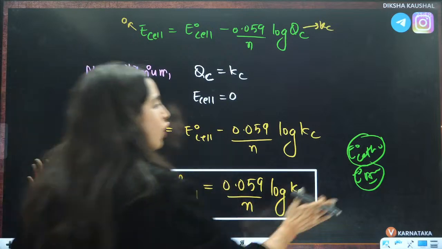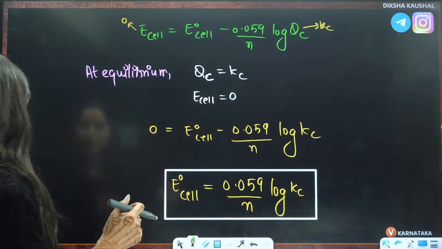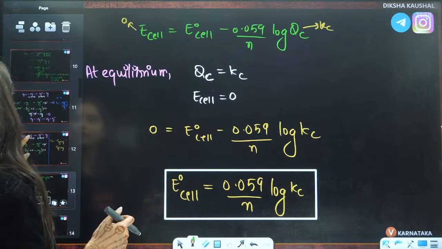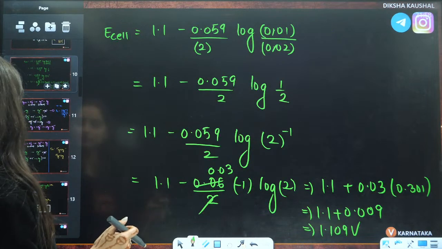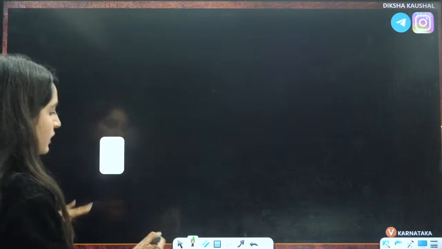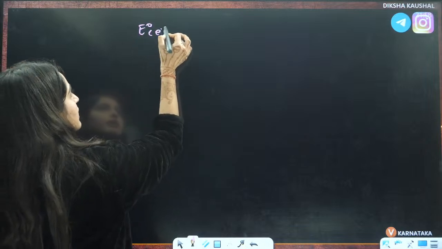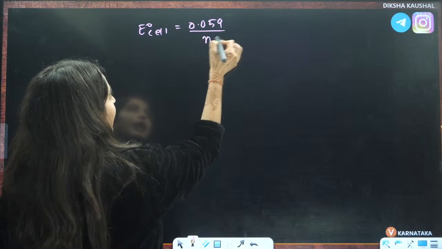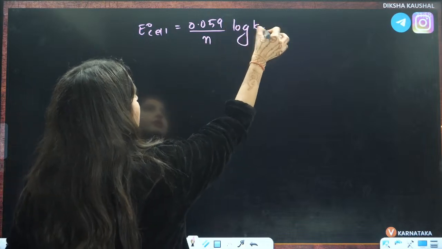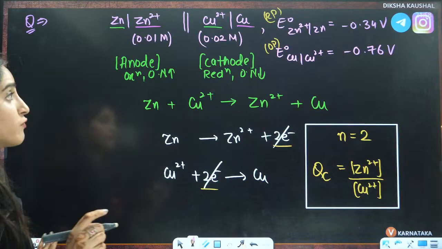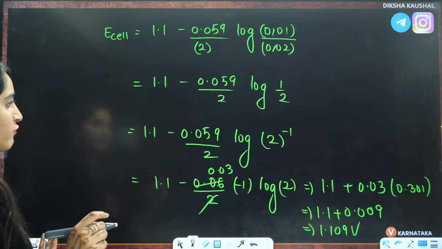For example, if they ask you to calculate the value of KC in this equation, it will be E naught cell equals 0.059 divided by N log of KC. E naught was 1.1.